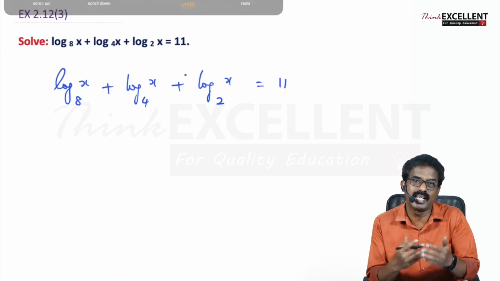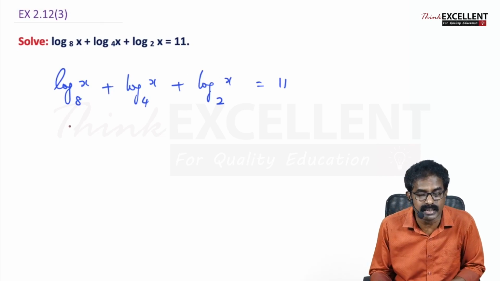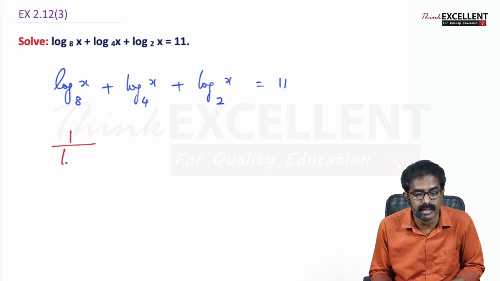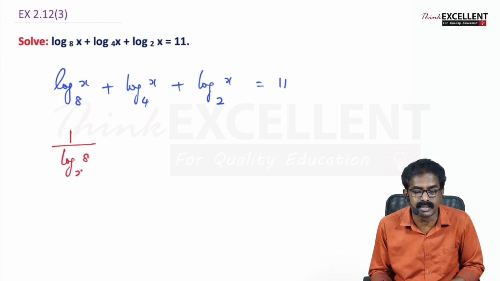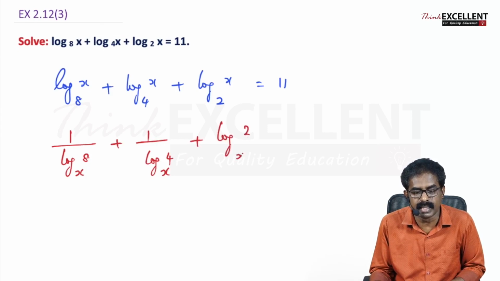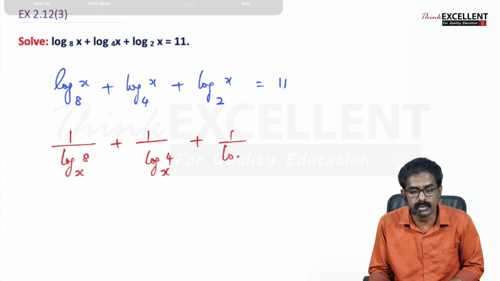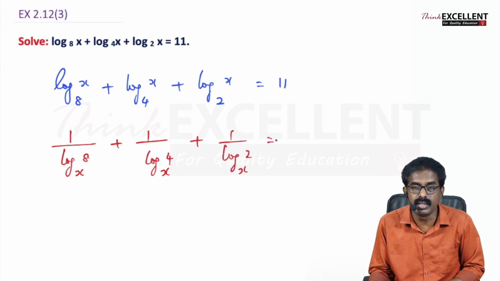How can you interchange base and number? x and 8 I want to interchange. So what can you write? 1 by log 8 to the base x, plus 1 by log 4 to the base x, plus 1 by log 2 to the base x, is equal to 11.